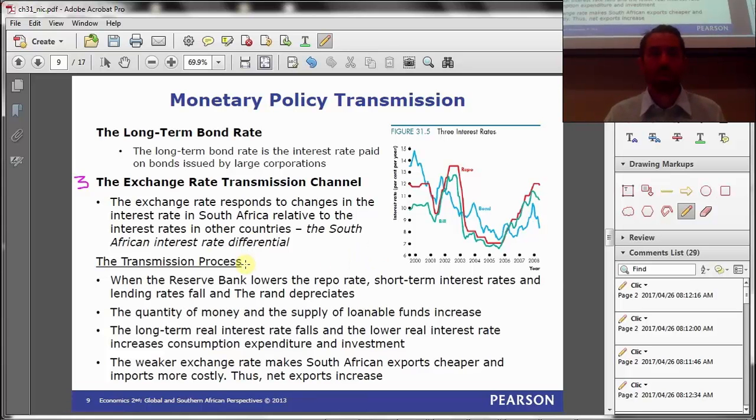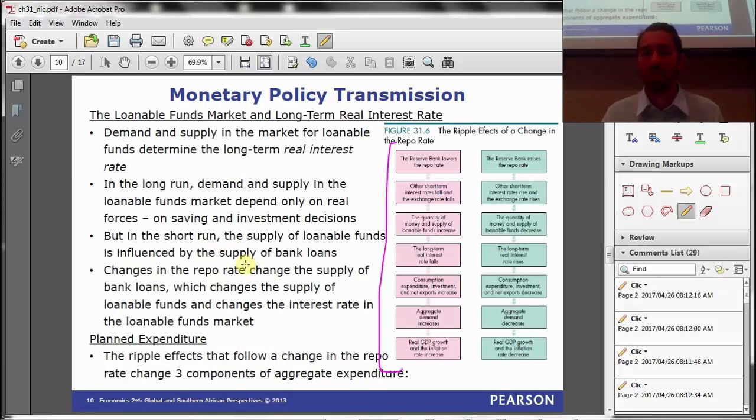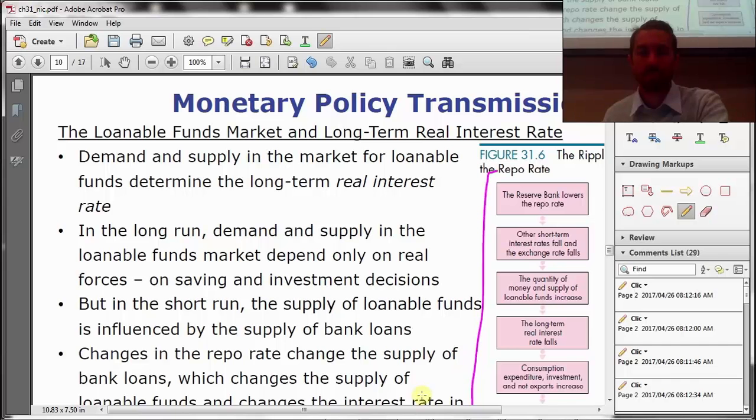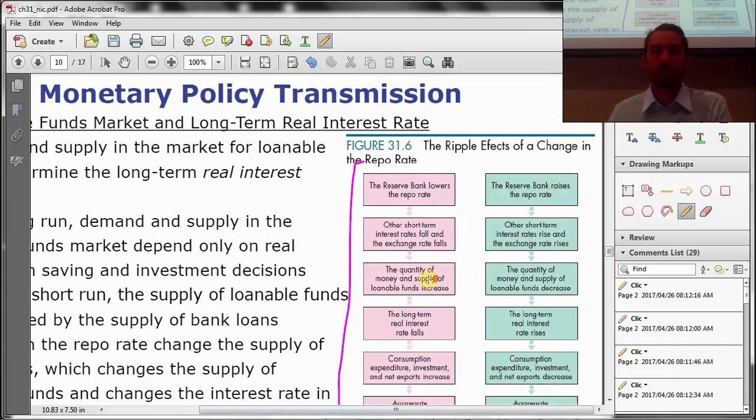So the transmission process: the Reserve Bank changes interest rates, output changes, prices change. Let's zoom in on this quickly. So what happens when the Reserve Bank lowers the repo rate? Other short-term rates and banking rates and exchange rates fall.